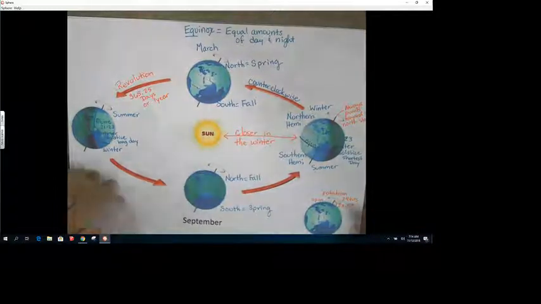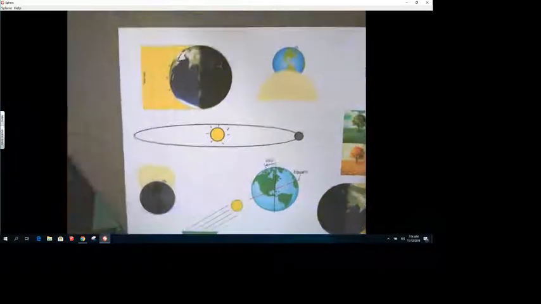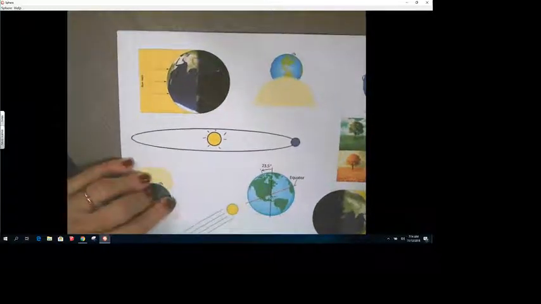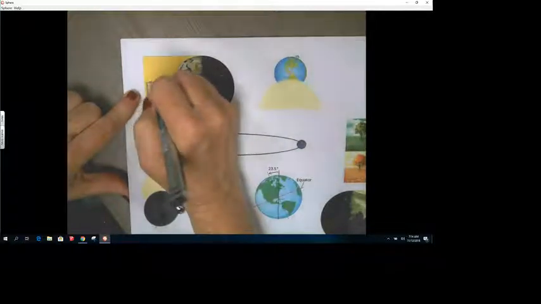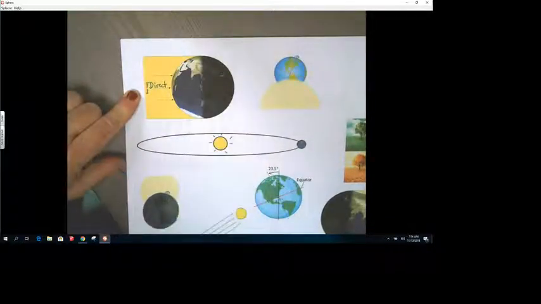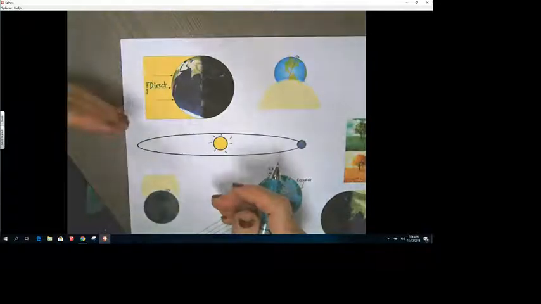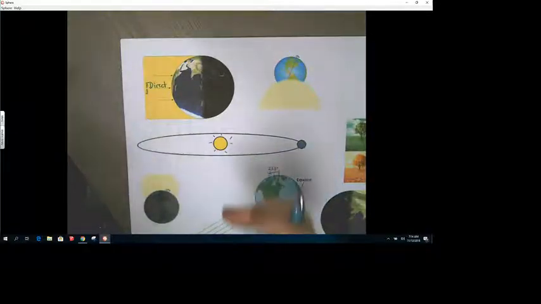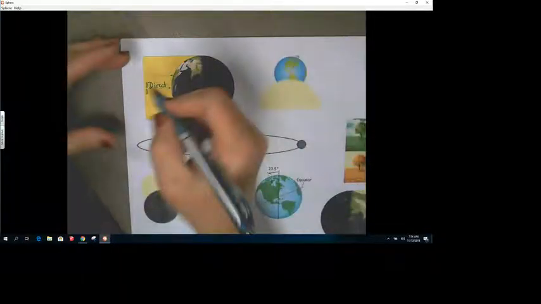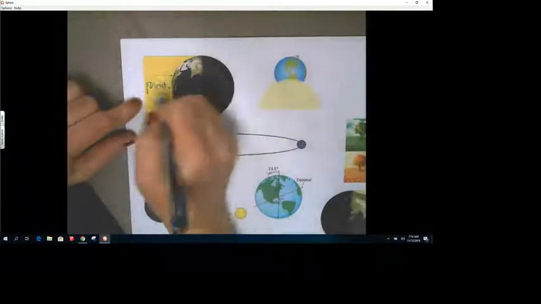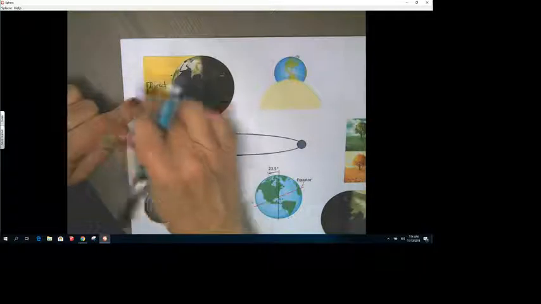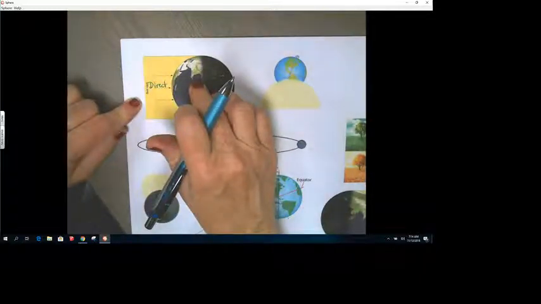All right? Let's talk about this. Okay? Direct and indirect. Direct would be here. Direct lighting means that you're getting more of the concentration of the light. Therefore, you're getting more of the concentration of the heat. And so you get even distribution of your temperatures.